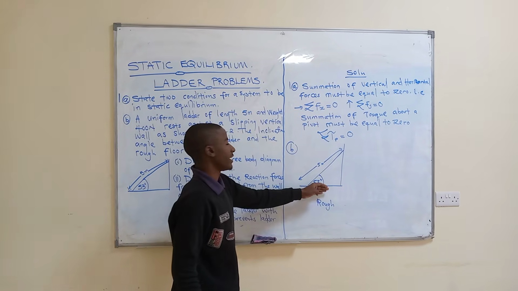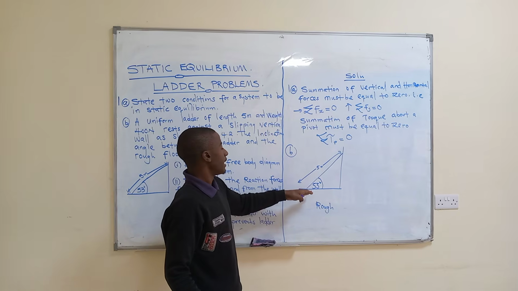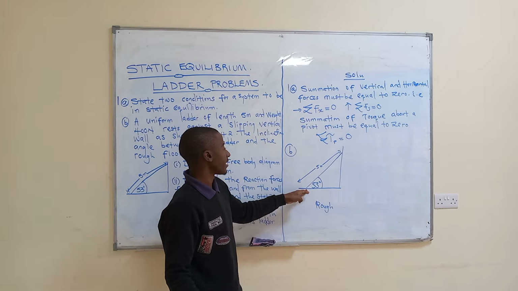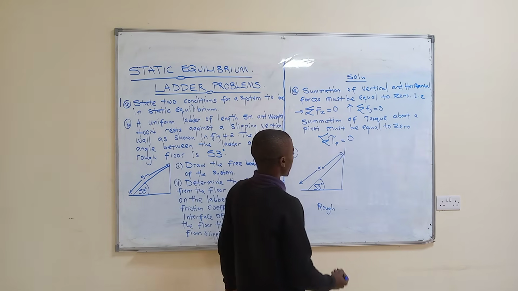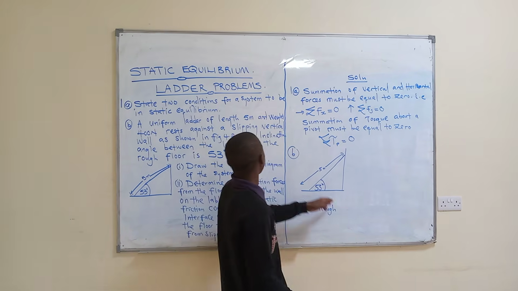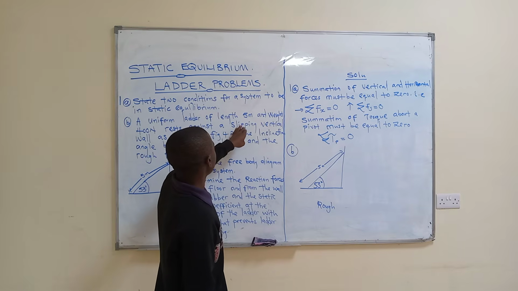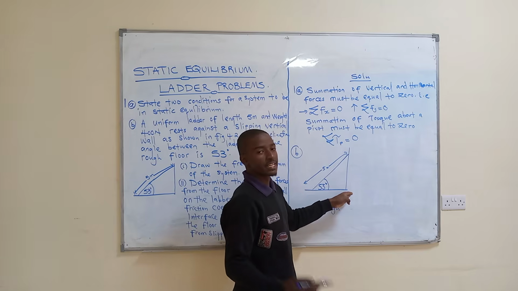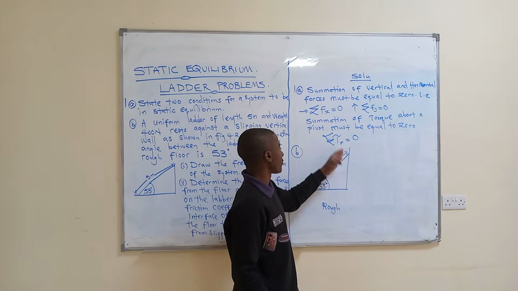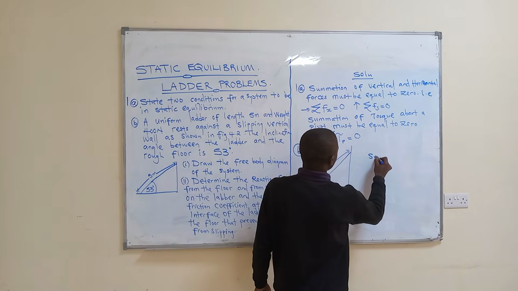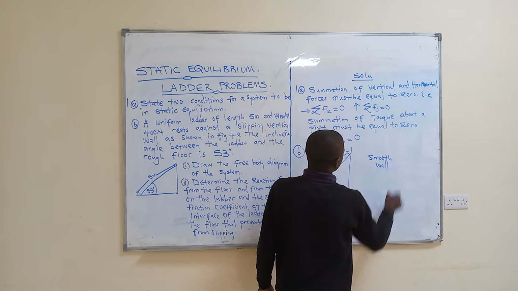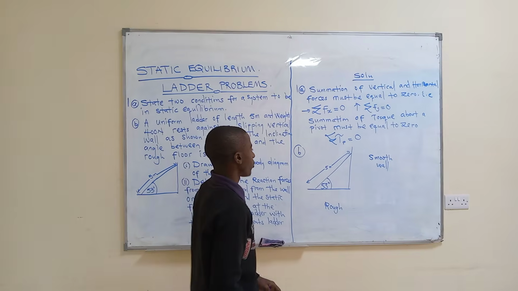If the floor was rough, meaning there must be what? Friction force. Another thing is that this vertical wall was sloping. They are saying sloping vertical wall simply means that the wall was smooth, meaning there was no friction. So I'll say smooth wall. Now, how do you show the forces?